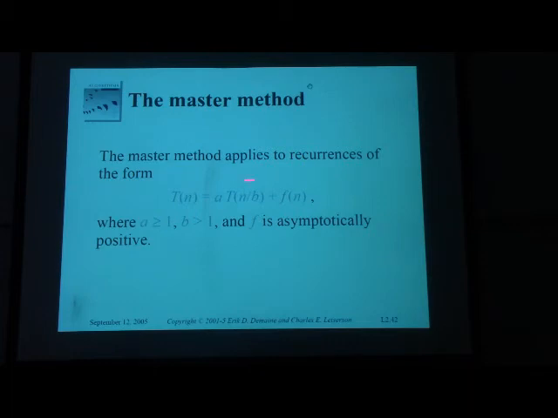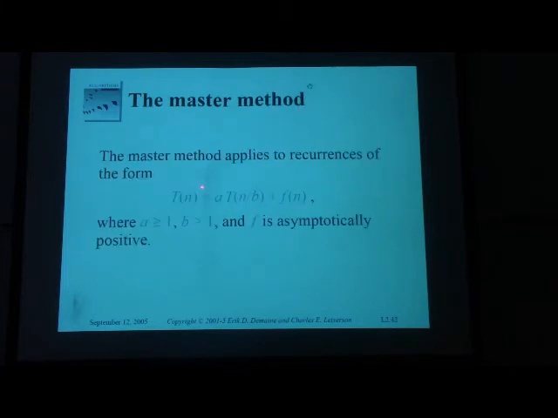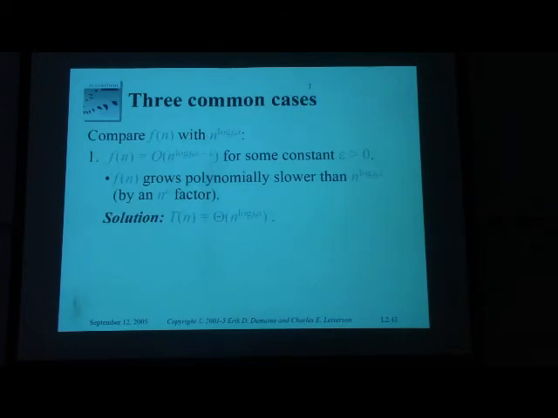So if b is equal to 2 and a is equal to 4, then log base 2 of 4 is 2, and therefore we would compare f of n with n squared. Get the idea? If the number of branches was equal to 8, and b was still 2, then we have log base 2 of 8, and that would be n cubed. Okay, so you get the idea.